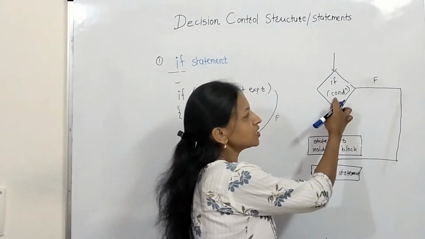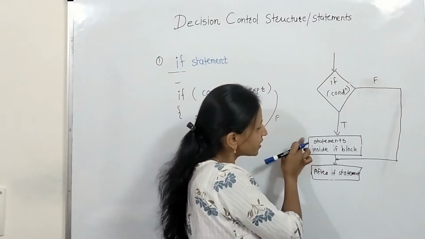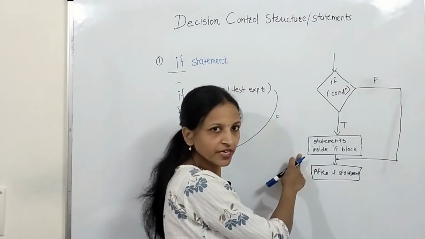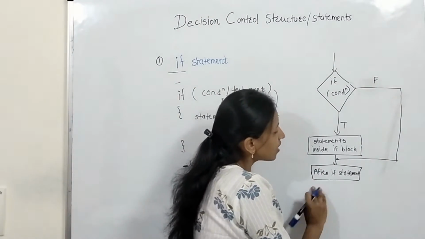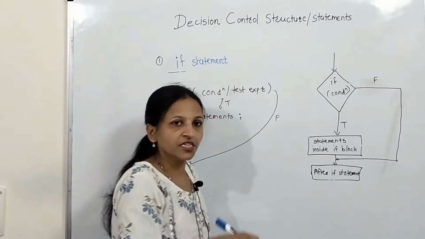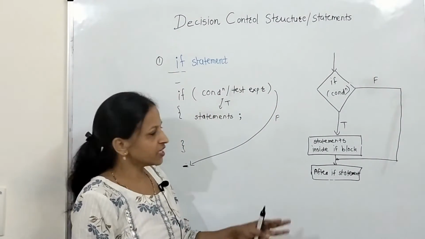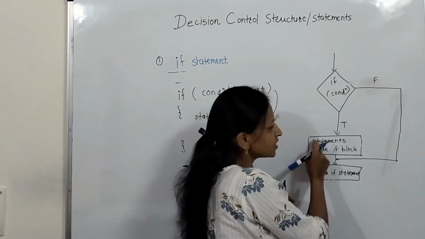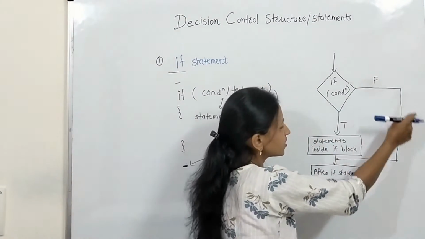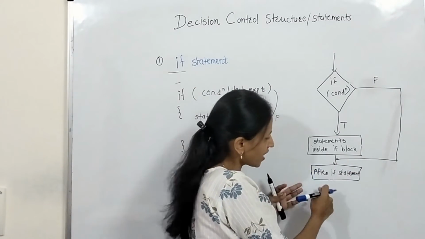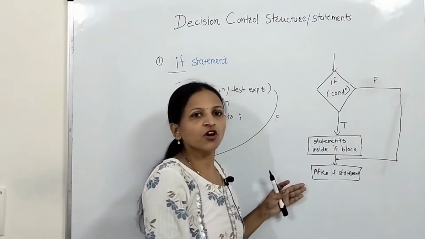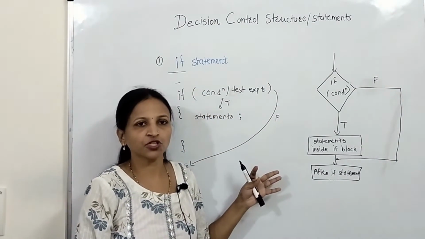If this condition is true, then whatever statements are written inside this if block will get executed, and after that, whatever statements are written after the if block will get executed. If this condition is false initially, then these statements will not get executed, and control will directly get shifted here and it will execute the after-if statements. This is just the flowchart for execution of if.